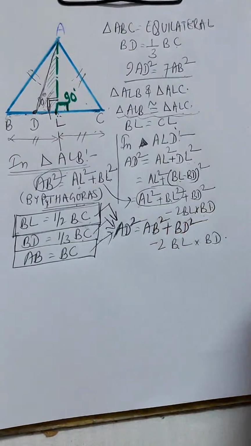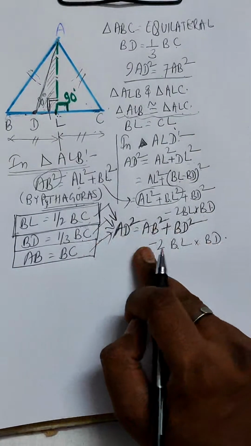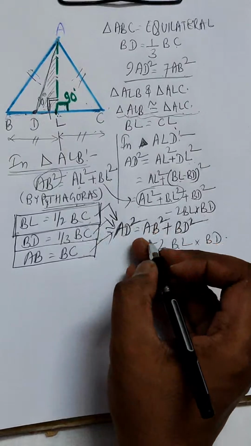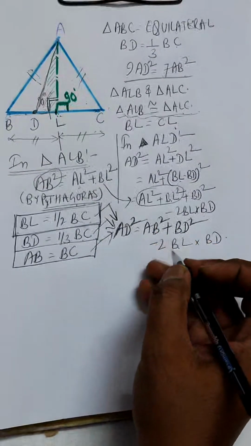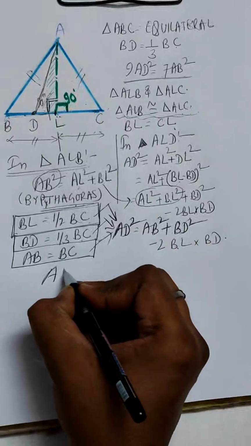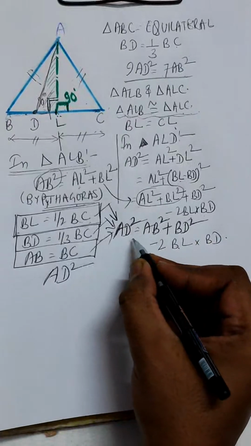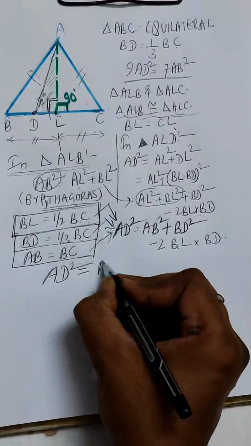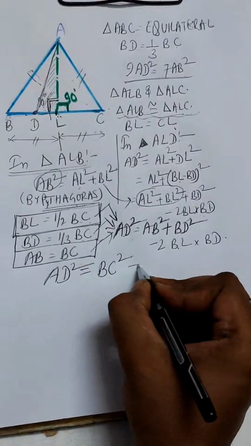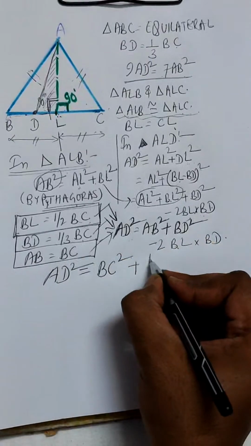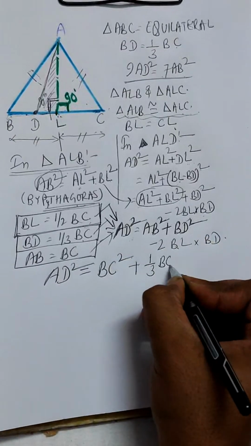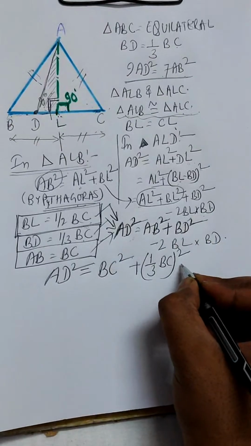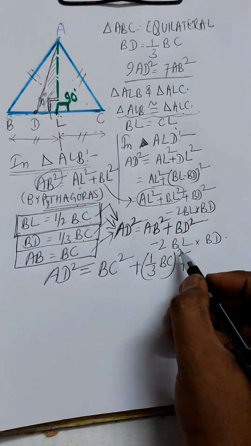So all these three values will be put over here, right? When we put all these three values into this equation, it will look like AD square equal to AB square, that means BC square, plus BD square, BD square is 1 by 3 BC whole square, right?